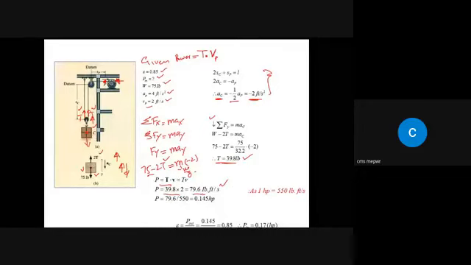If you want to convert it into horsepower, you need to divide it by 550. Why? Because 1 horsepower is equal to 550 foot pound per second, right? So how much power is required? 0.145 horsepower. So the power that we required here, it is 0.145 horsepower.